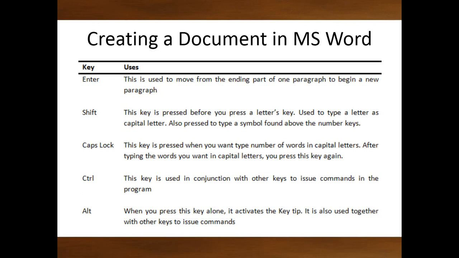If I want to type Kofi, I'll press the shift key, and whilst the shift key is still pressed, I'll type the K, and then release my finger from the shift key. The moment I do that and then continue typing, K will appear as capital while the rest of the characters will display as small letters.